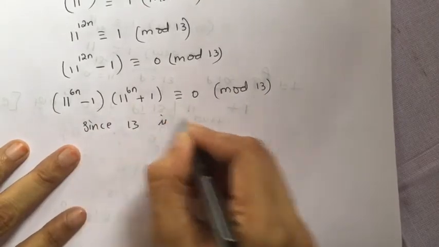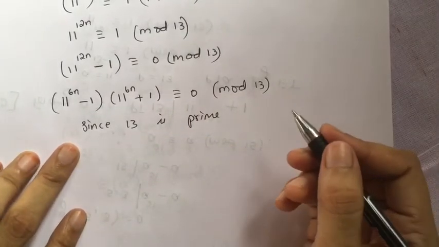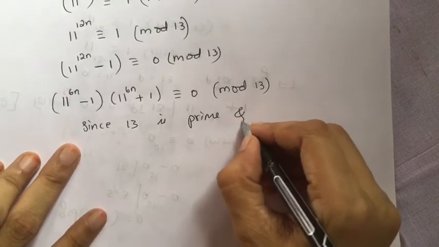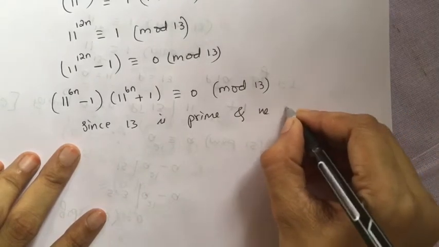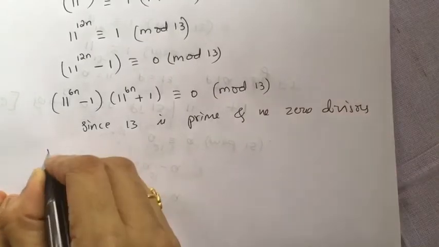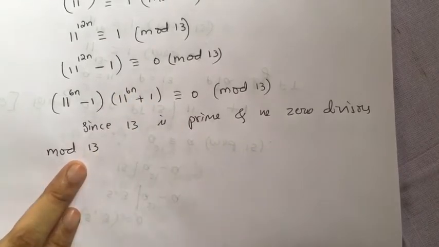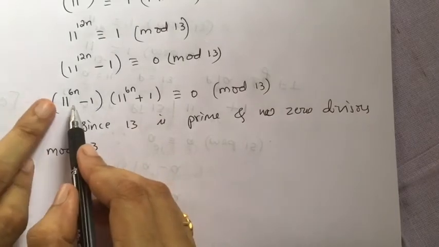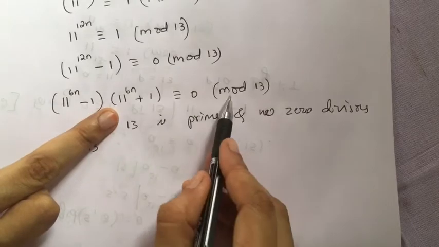Since you can observe that 13 is prime, just like how we applied in the proof, same thing. 13 is a prime and it has no zero divisors. Mod 13, when you take modulo 13 for this, it has got no zero divisors. Therefore, I can just say either this is congruent to 0 mod 13 or this is congruent to 0 mod 13.